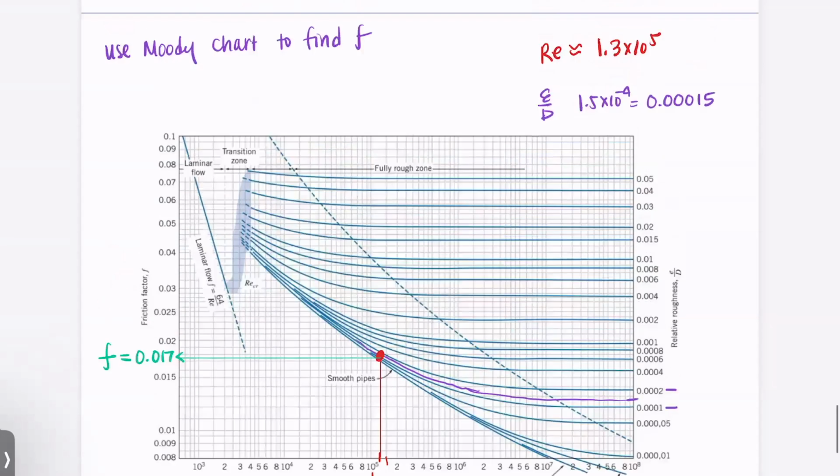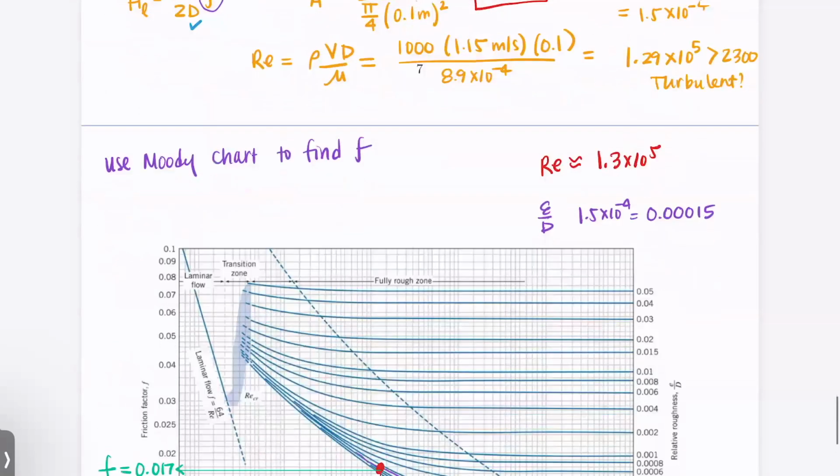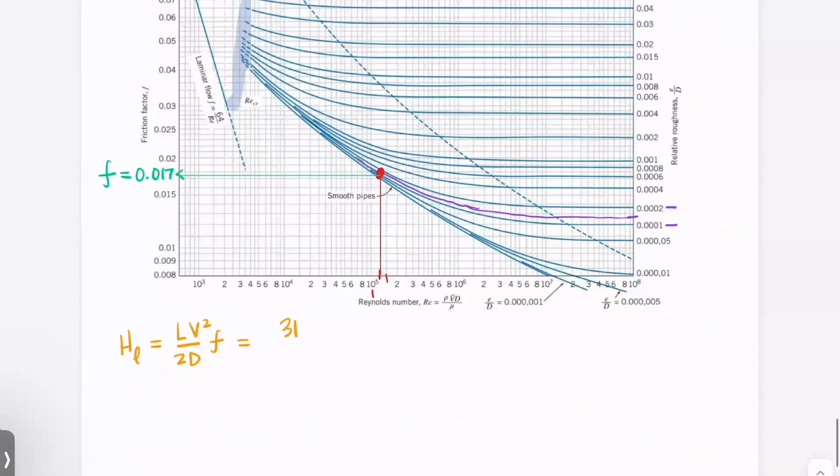Okay, great. So this means that HL is equal to L V squared over 2D times F. So we've got 31 meters times 1.15 meters per second squared divided by 2 times 0.1 meters, which is our diameter, times 0.017.